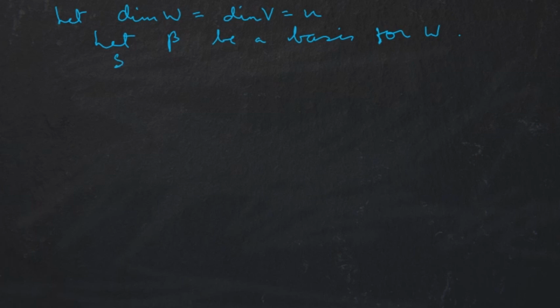So beta contains n elements, and beta is linearly independent in W and hence in V.